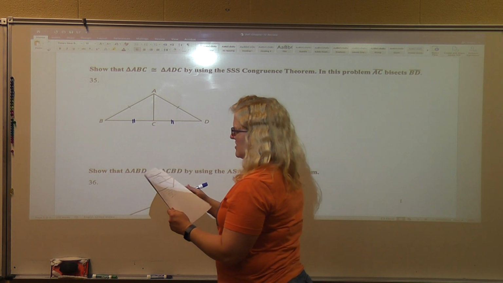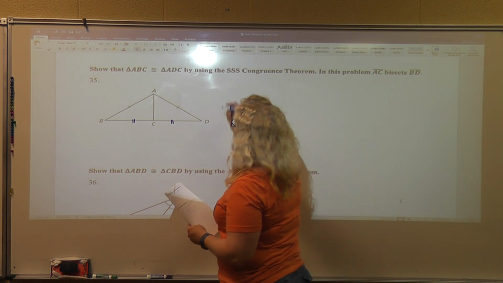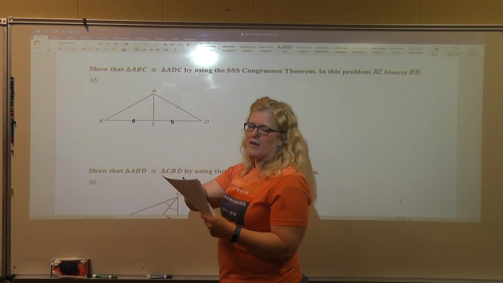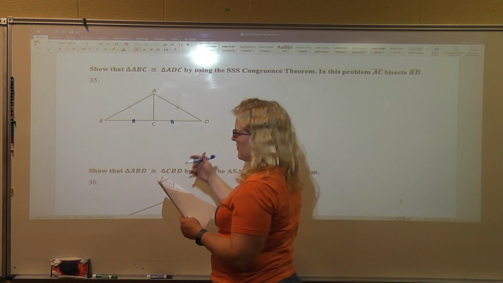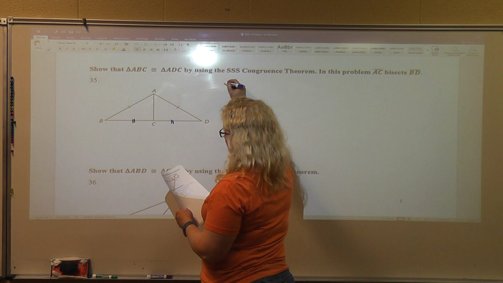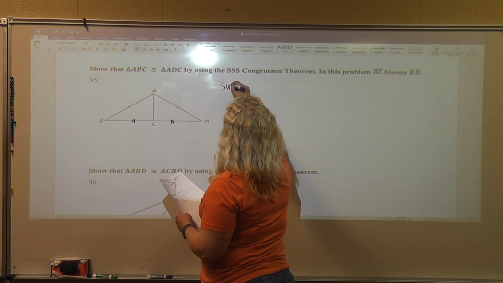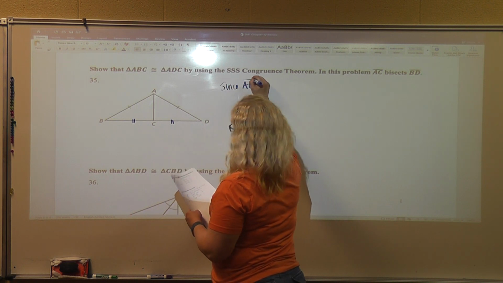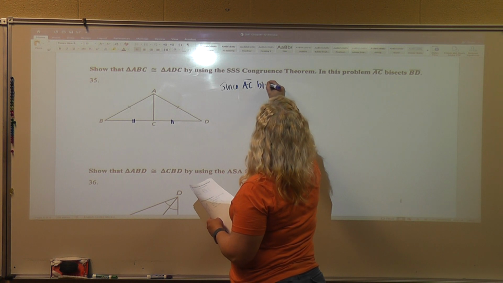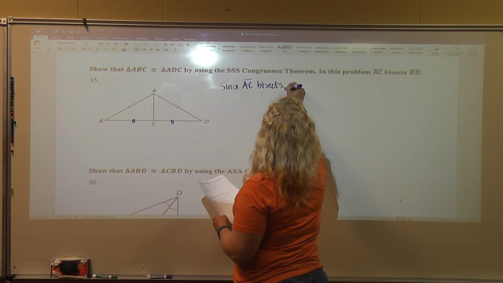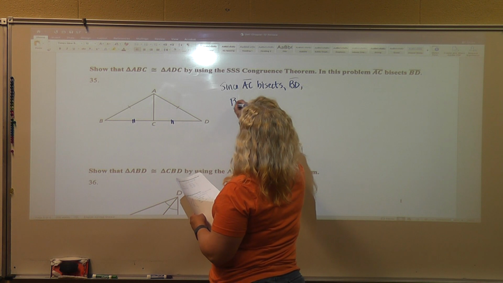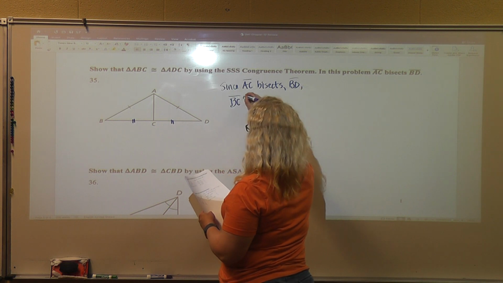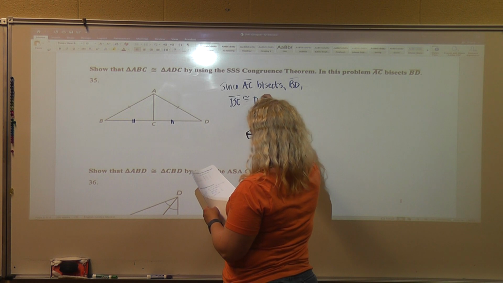All right, and what I wrote this on, you'll see this on the key that I put on Canvas. But we've got, since AC bisects BD, then we have BC is congruent to DC.